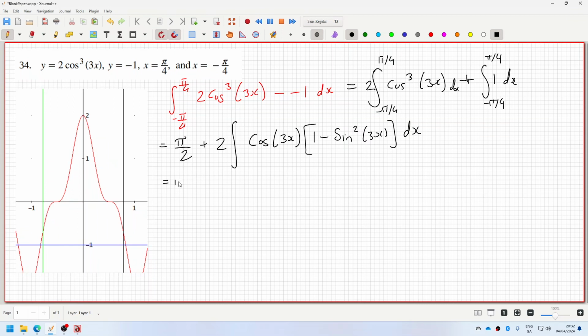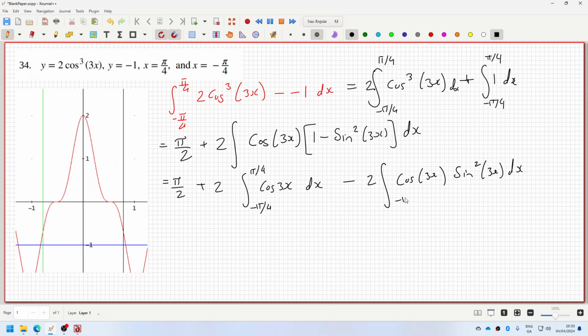That's kind of nice because what I can do is split this into the integral of cos 3x from minus pi over 4 to pi over 4 dx, and then plus, or I guess minus, 2 times the integration of cos 3x sine squared 3x dx with the limits as well.